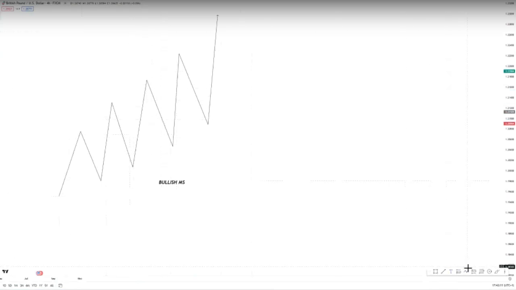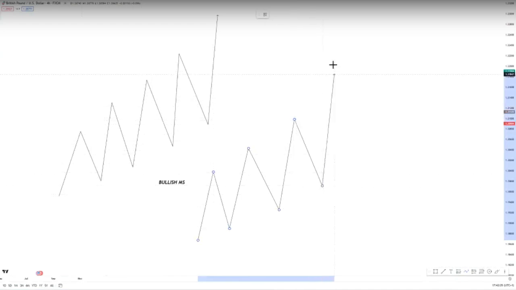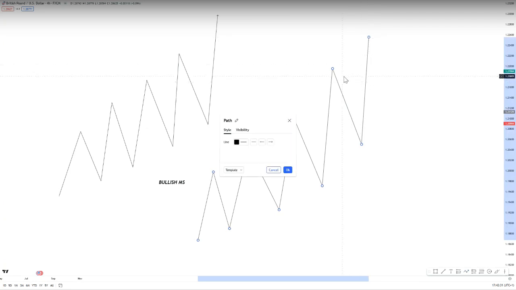When the market is printing a series of higher high, higher low, higher high, higher low, higher high, higher low, and higher high, you will say that this market is bullish.